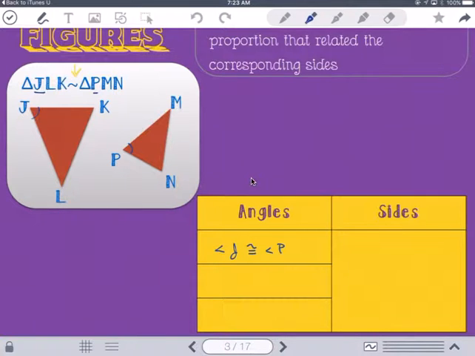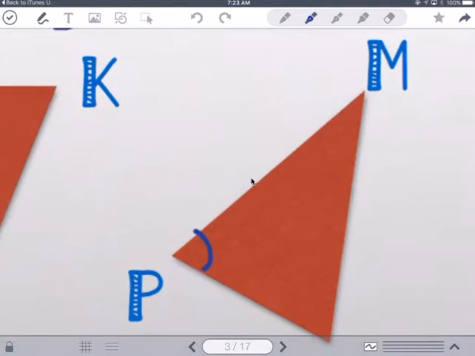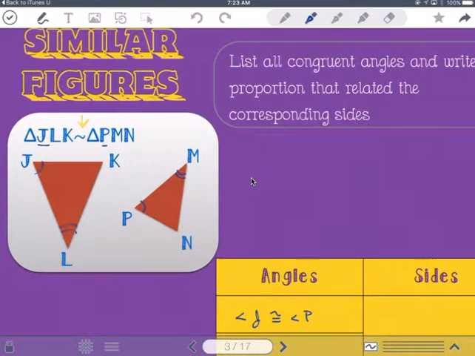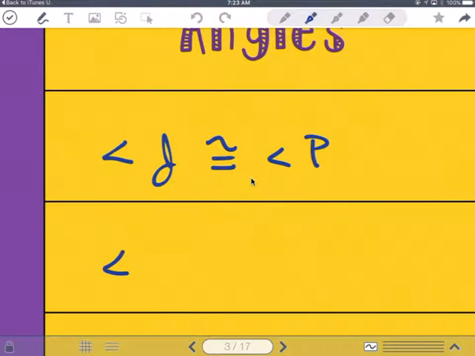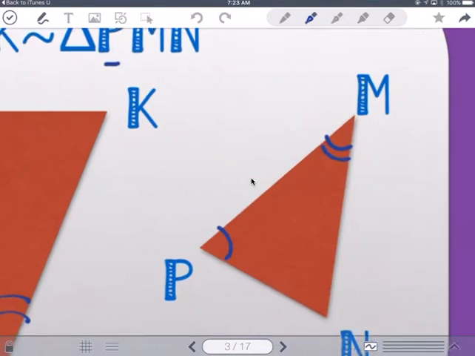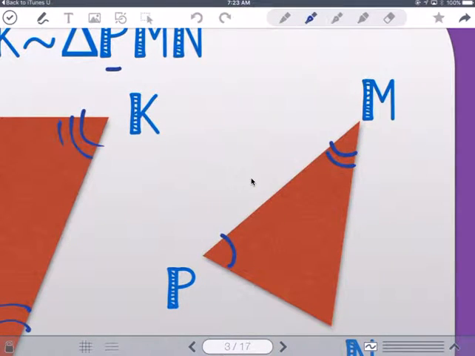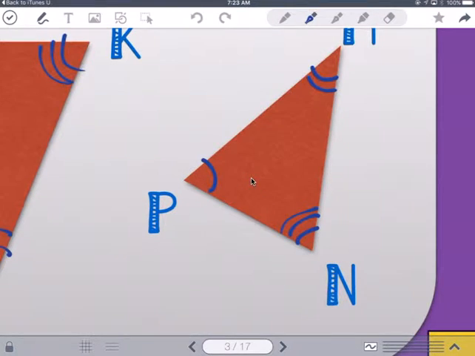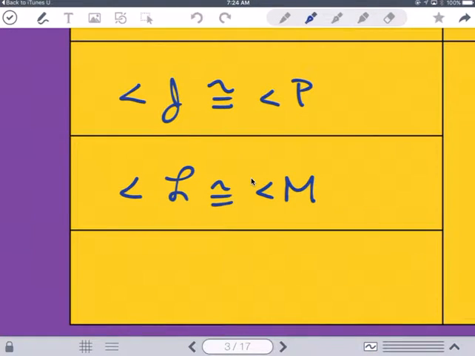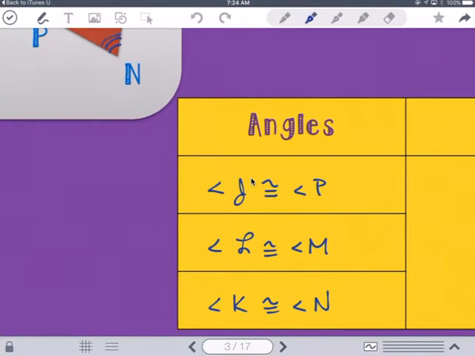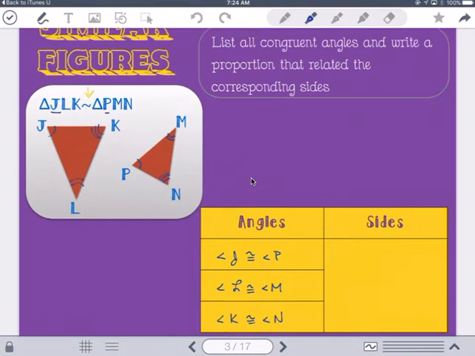L and M are going to be my next ones. And then my last ones are going to be K and N. So all of my angles are still going to be congruent, but now let's look at the sides.